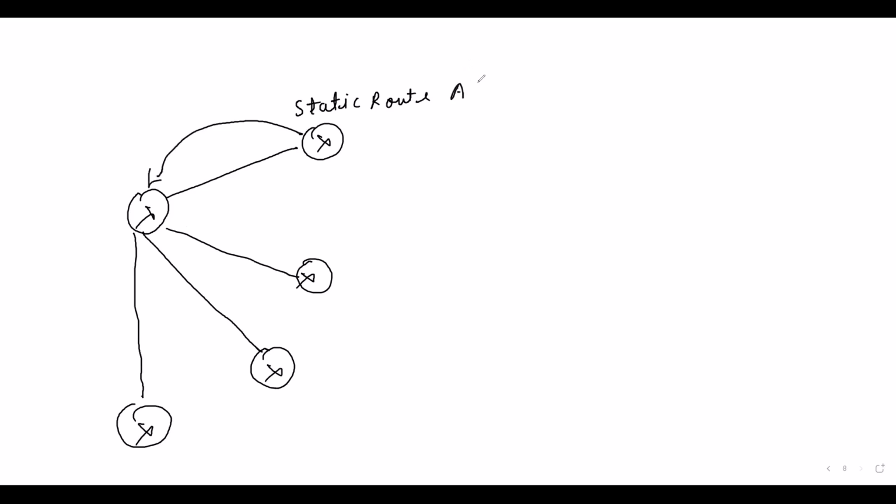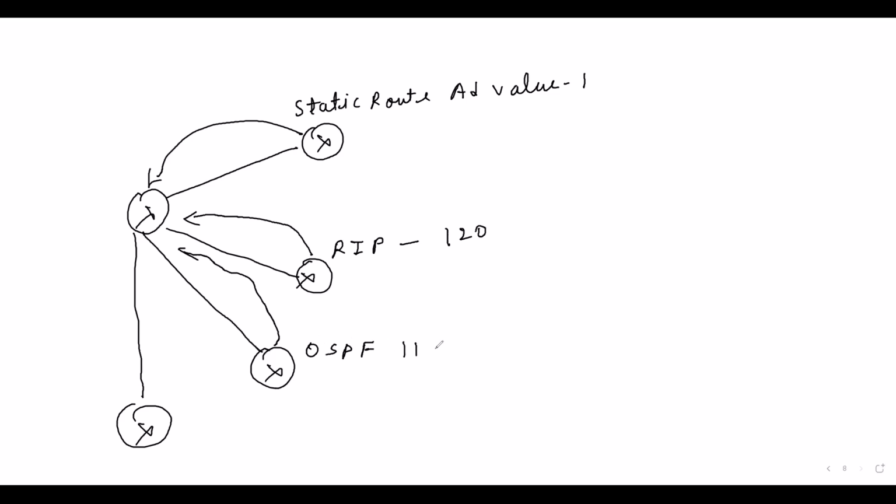Static route AD value is 1. Here to here I am using the RIP protocol. Its AD value is 120. Here to here I am using OSPF. Its AD value is 110. And here to here, I am using the EIGRP protocol. Its AD value is 90.